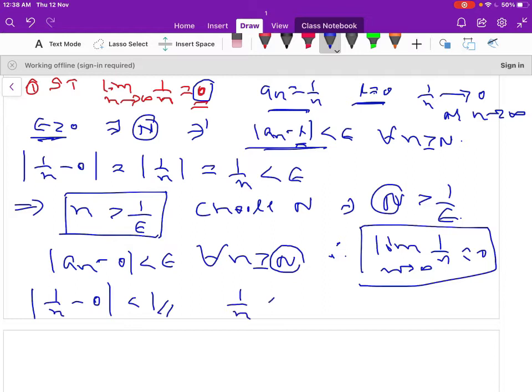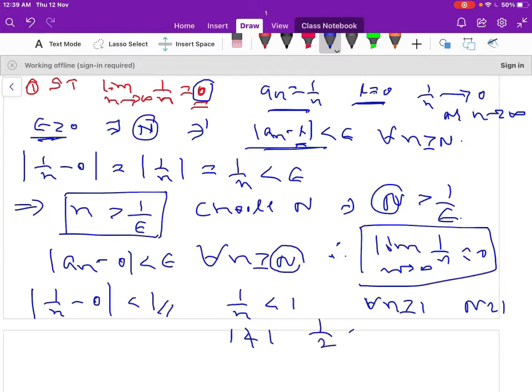So this implies 1 by n less than 1, for all n greater than or equal to N. When n is 1, 1 is not less than 1, so we cannot take N equal to 1 here.